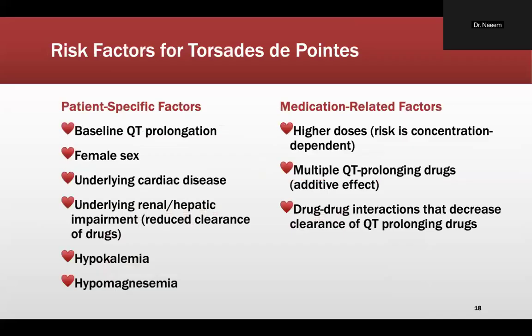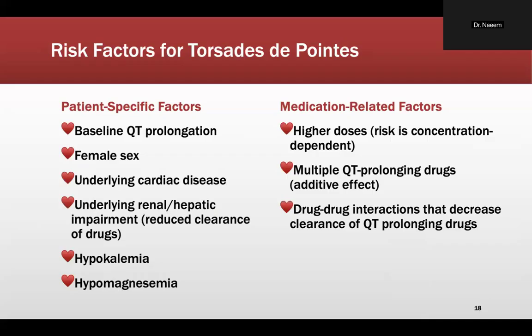Okay, so risk factors. As for patient-specific risk factors, that being a patient just by default having prolonged QT or QTC. The female gender predisposes patients sometimes to having a prolonged QT, as do underlying cardiac disease, renal or hepatic impairment, hypokalemia and hypomagnesemia, which are extremely modifiable risk factors.